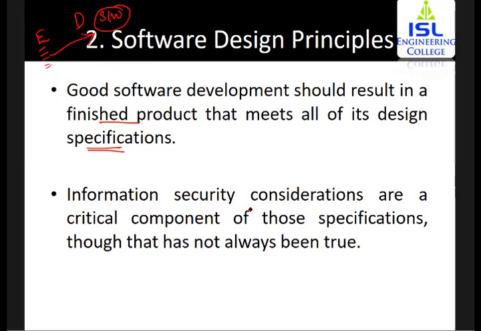Information security considerations are a critical component of these specifications. It is not enough to design software that has all the end-user specifications that were listed; whatever information is stored within the software or given out by the software also needs to be considered.